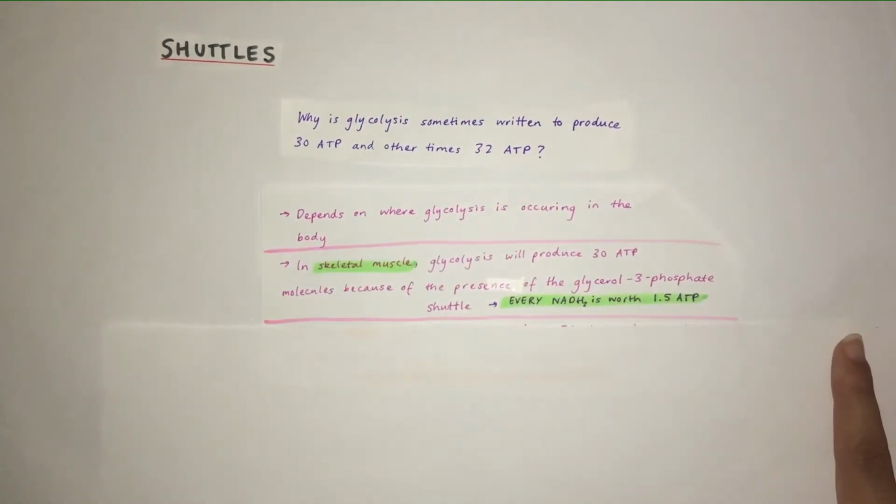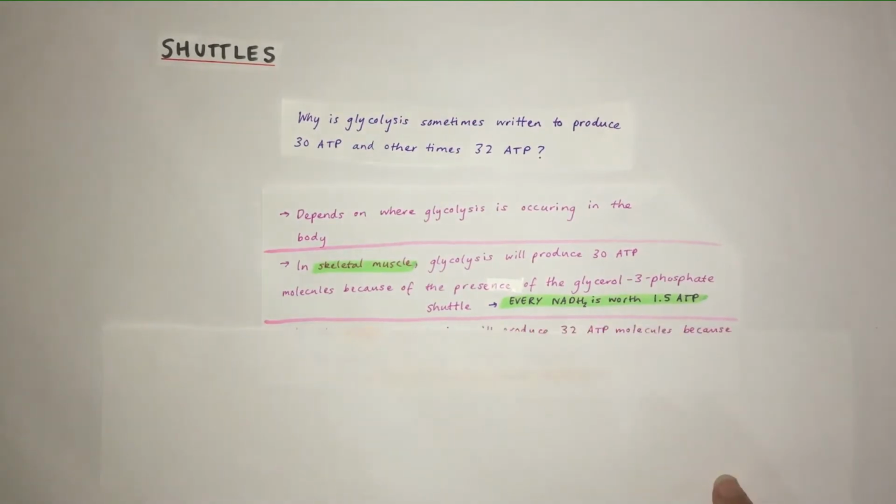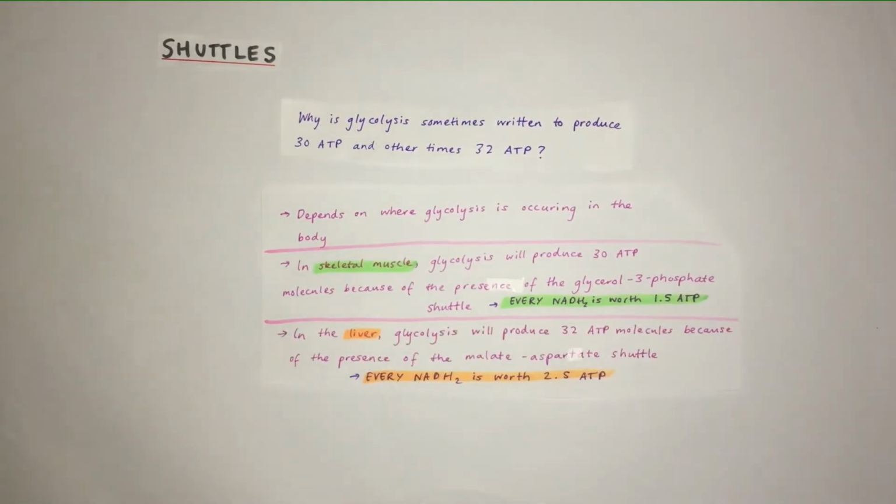In skeletal muscle, glycolysis will produce 30 ATP molecules because of the presence of the Glycerol-3-Phosphate shuttle. Because of how the shuttle works, every NADH is worth 1.5 ATP. However, in the liver, glycolysis will produce 32 ATP molecules because of the presence of the Malate-Aspartate shuttle.